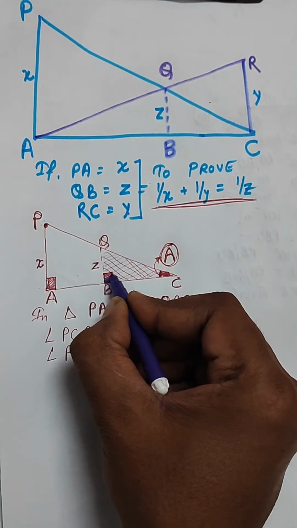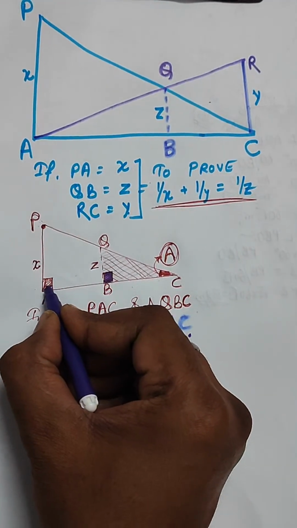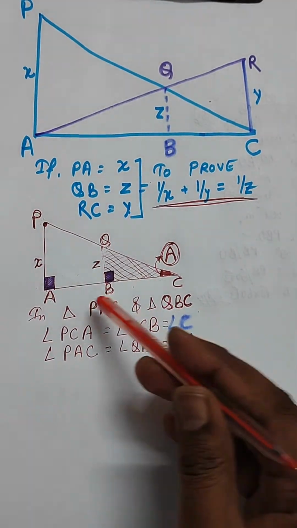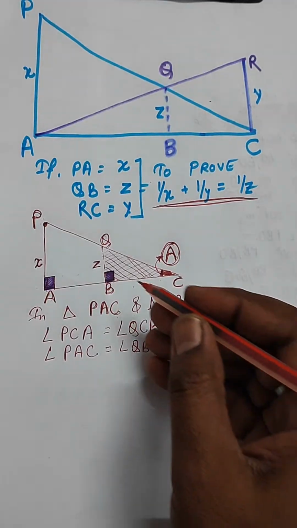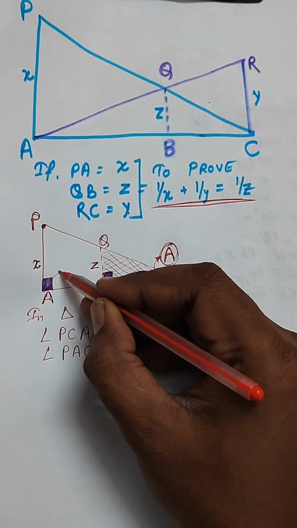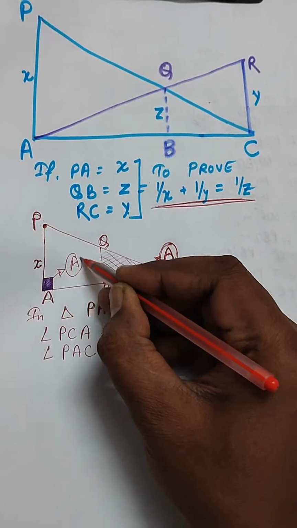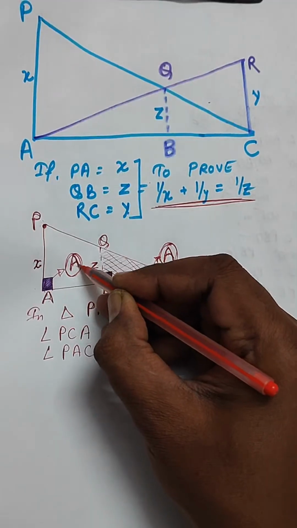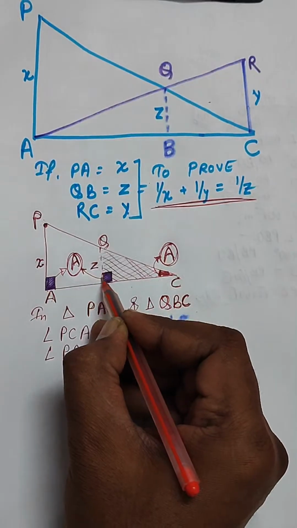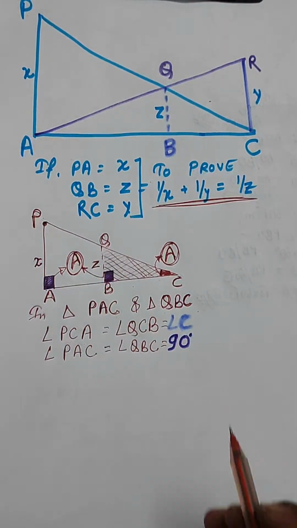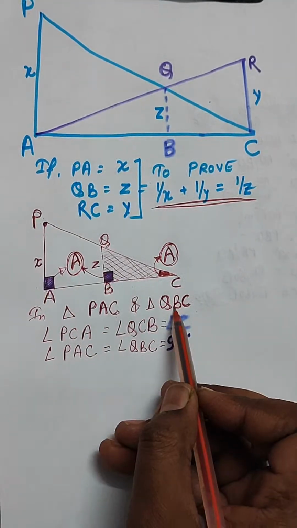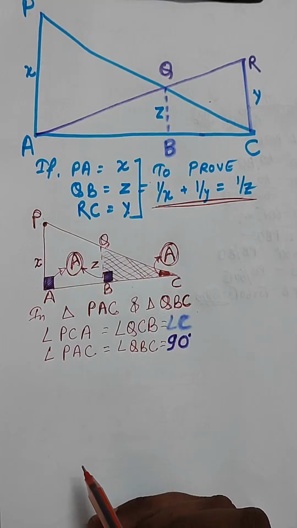This angle I am saying for both triangles. Now you can see, my dear friends, this is another similarity criterion which is proved. This is another angle which is taken as a common thing. So can we say that by angle similarity criteria, both of these triangles are similar, right?